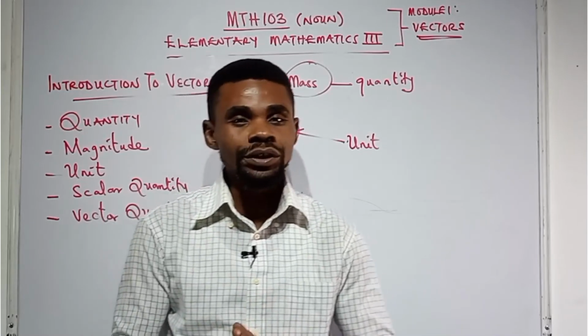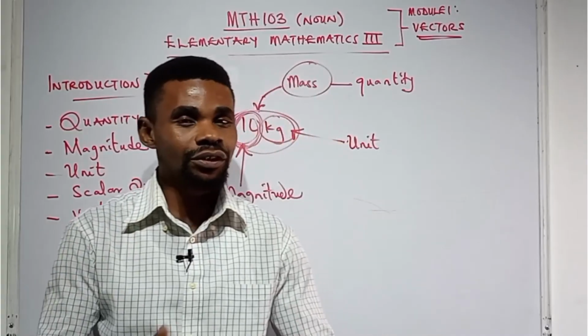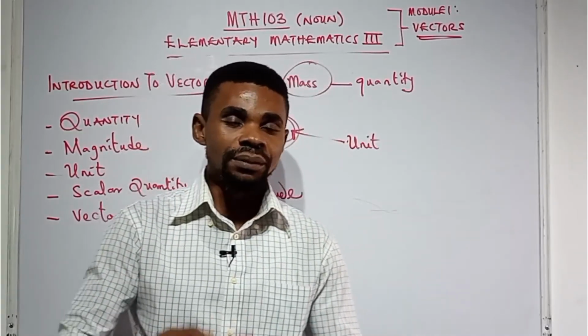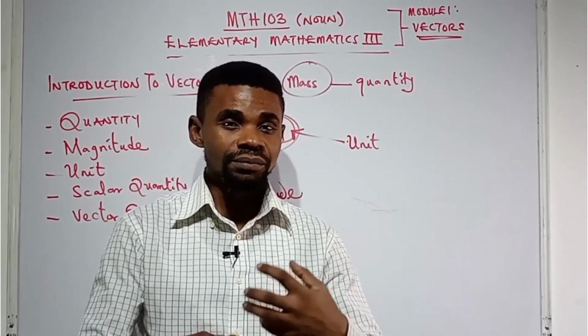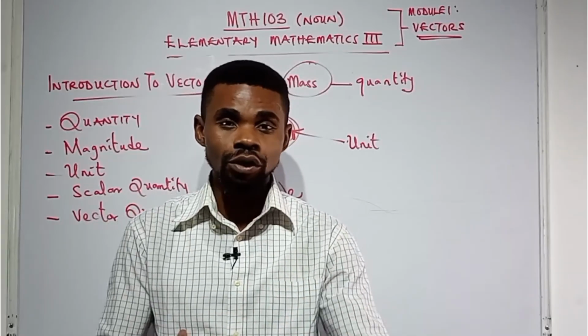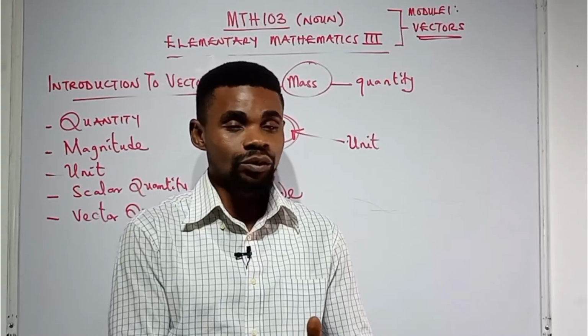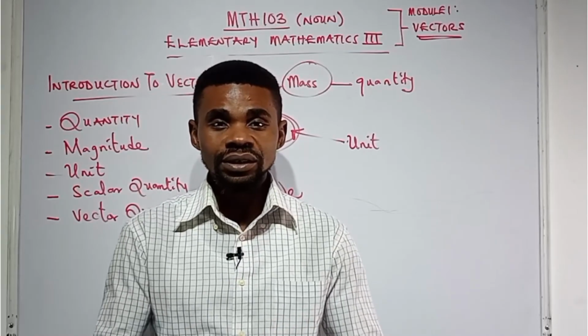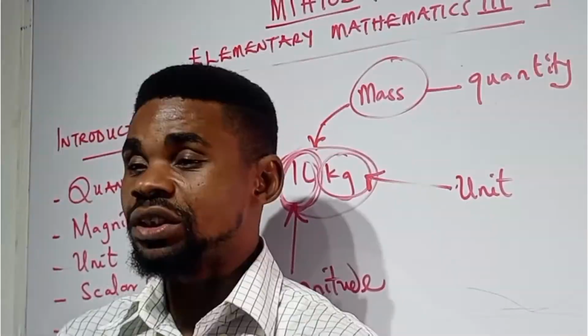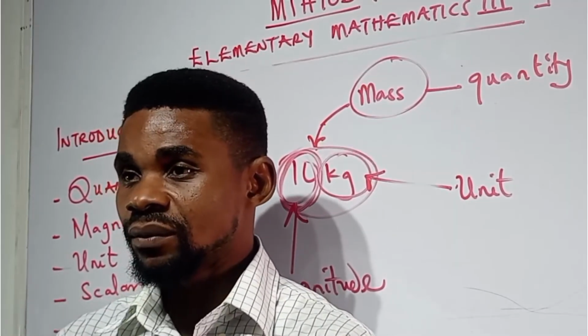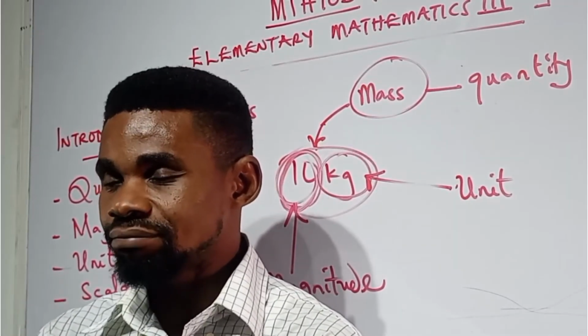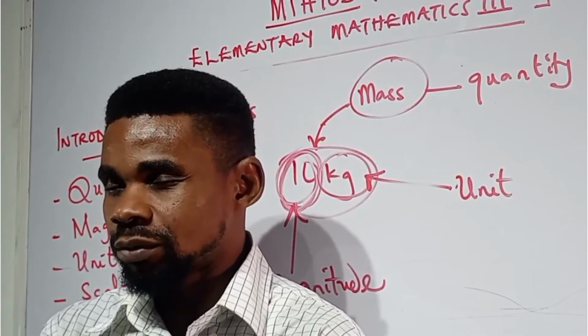Another example of a vector quantity is acceleration. Acceleration talks about the rate at which a change in velocity occurs. You are moving with a velocity of a particular value, and then you apply force to increase the velocity within a particular time frame.